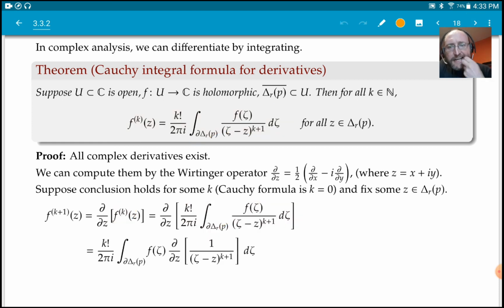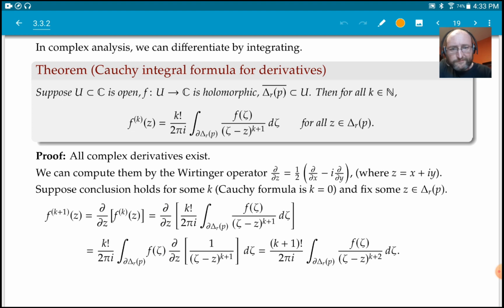All right. And now we pass these derivatives under the integral, right? We'll say a little bit more about this in just a moment, but let's just suppose that we can, right?